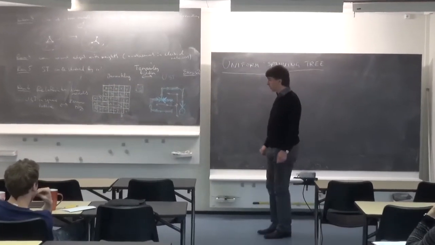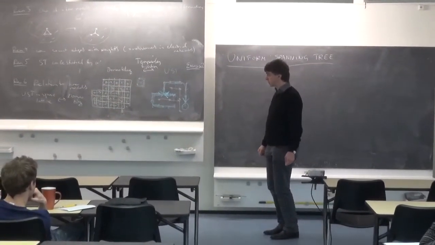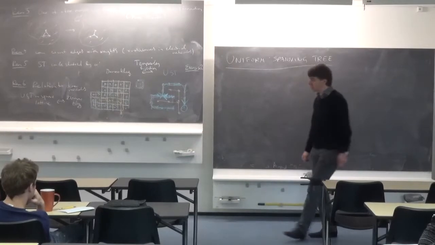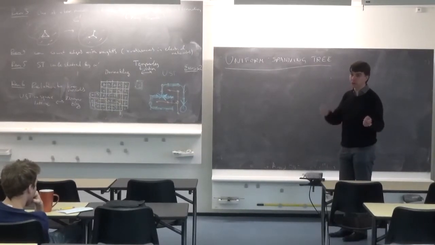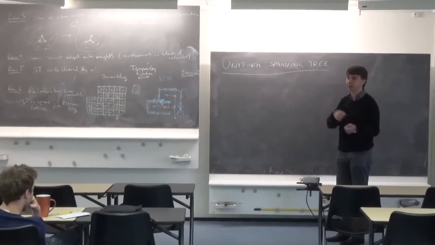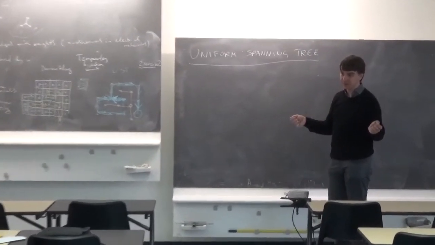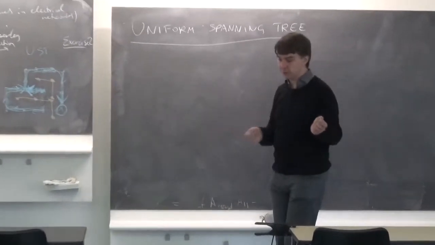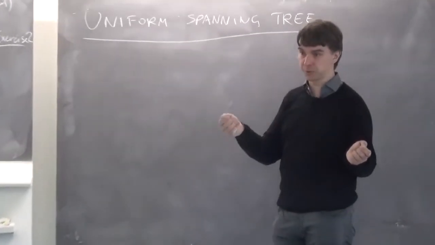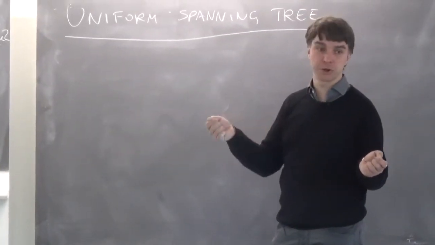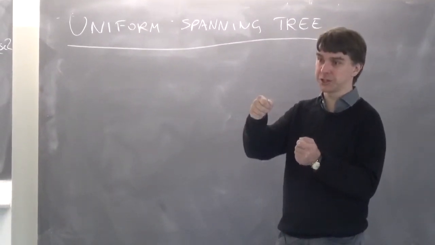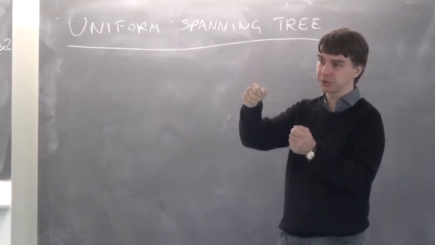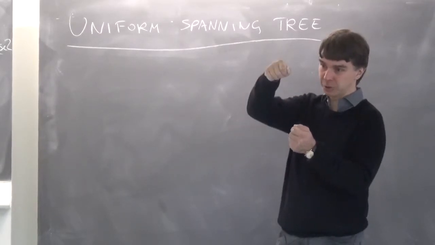For a long time, the main algorithm was the Broder-Aldous algorithm, in which you run a random walk on your graph until it covers everything. Each time some vertex is visited for the first time, you add the edge to this vertex. So when you make the first step, you put this edge because this is the first time you visited this vertex. You make another step, you put this edge.